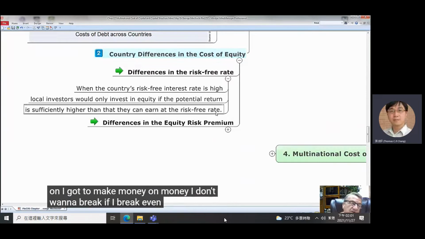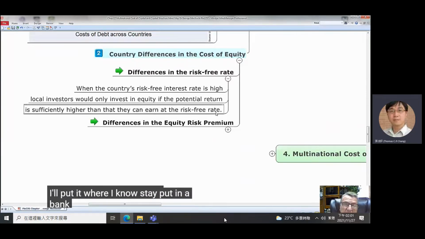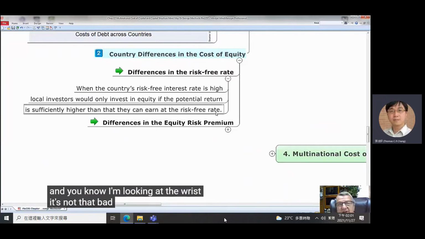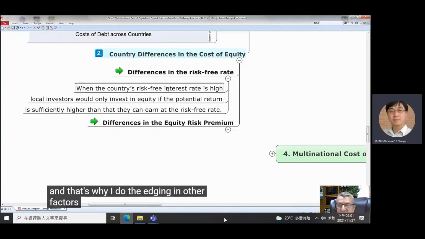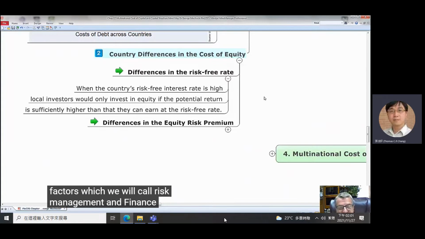I don't want to break even. If I break even, I'll put it where I know it's safe, say in a bank. But if there's some risk in there, and I'm looking at the risk, it's not that bad, but I have to take it out of a safe environment. So anything could happen. Well, not everything. I still have some control, but there's that possibility, and that's why I do the hedging and other factors, which we will call risk management in finance.